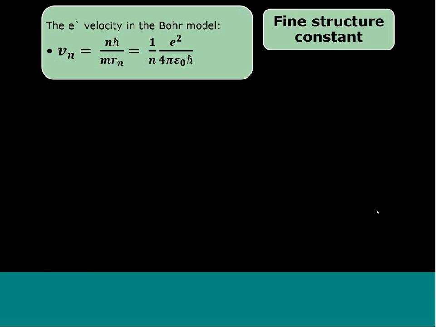Okay, find the fine structure constant. And this we get from what we already calculated before. The electron velocity v equals n h bar over m r n of the nucleus. This all equals 1/n times 2 pi epsilon naught h bar.